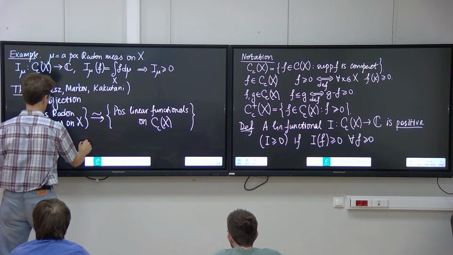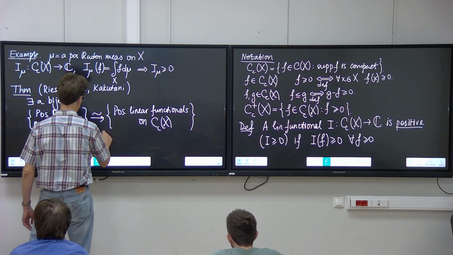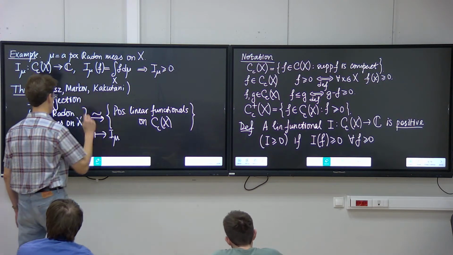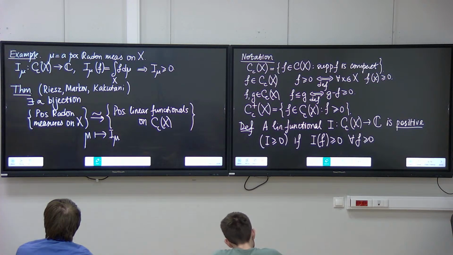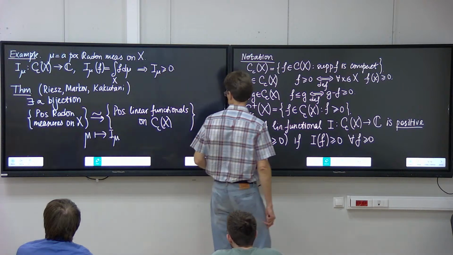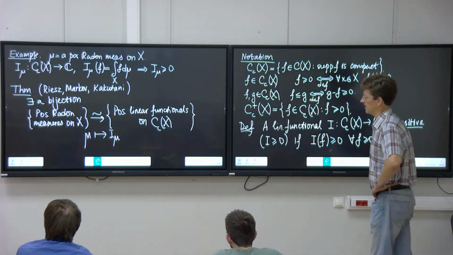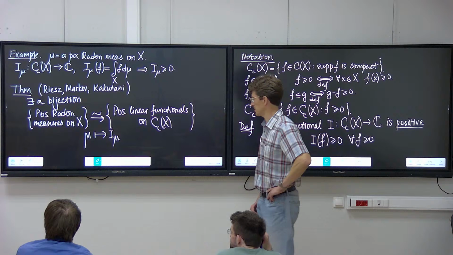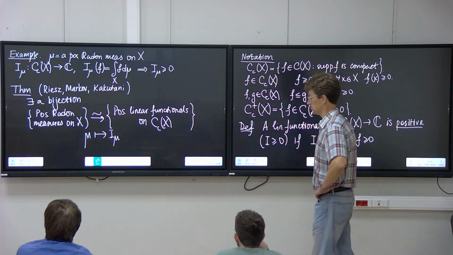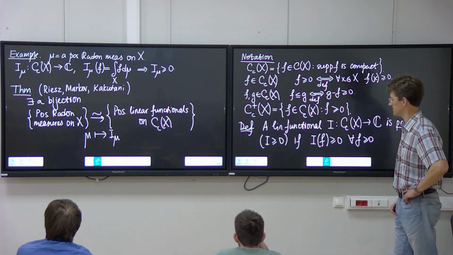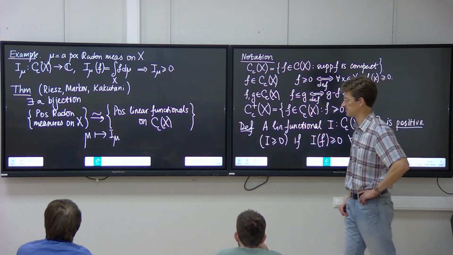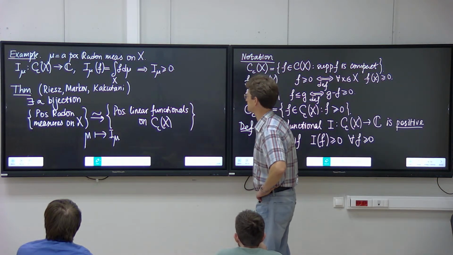And the bijection takes every Radon measure mu to the integral I mu. So this is very useful, and we will use this result fairly soon when we discuss the Haar measure on locally compact topological groups.